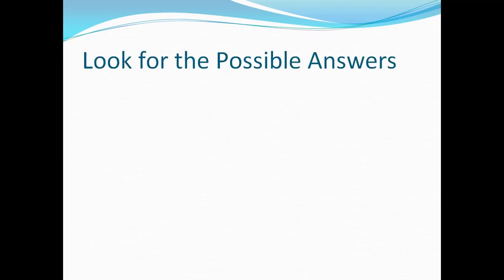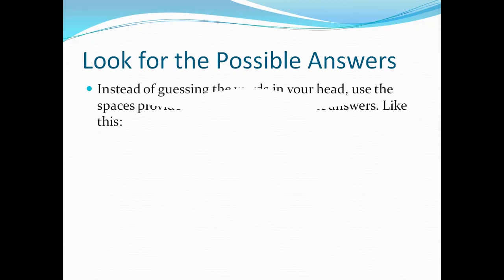Alright, look for the possible answers. I already used this in a couple of classes in which I asked the students to give at least 3 or 4 possible answers for the words. Instead of guessing the words in your head, use the space provided to lay out your possible answers like this.